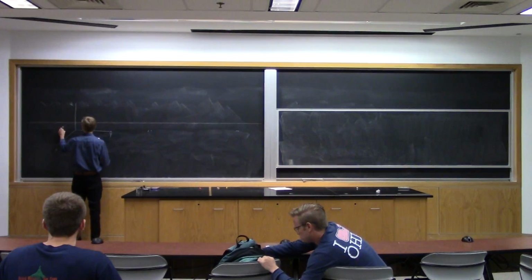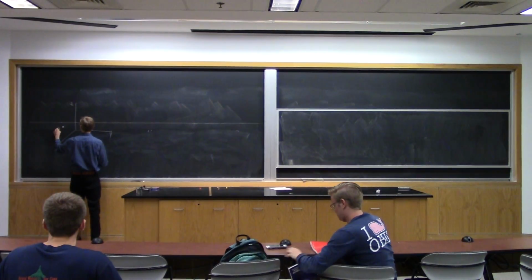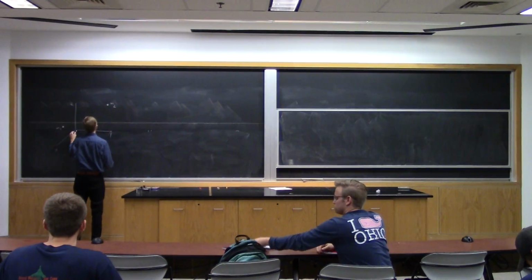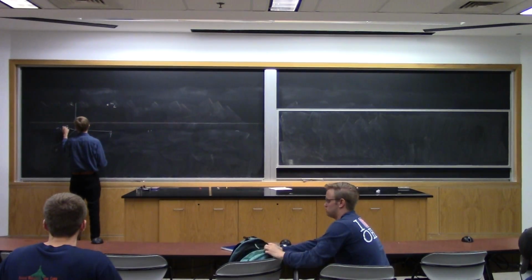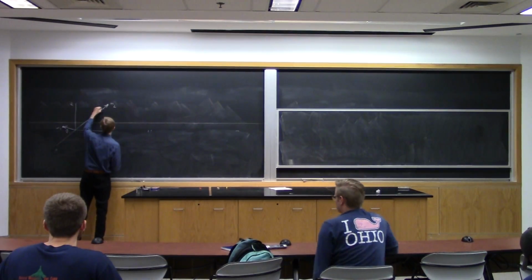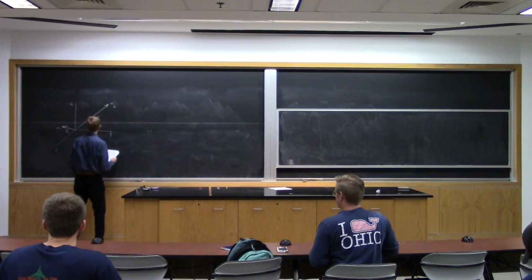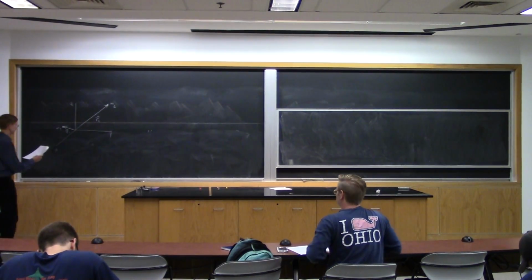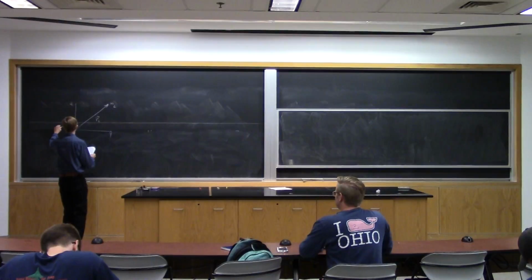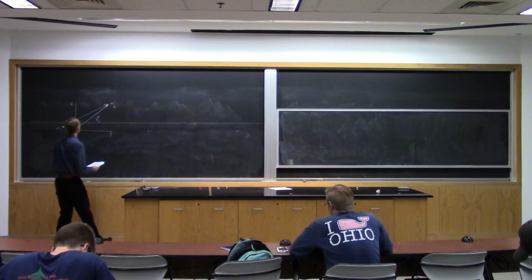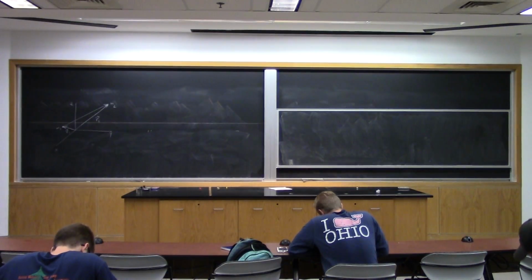So if we have mass 1, mass 2, and we draw the position vector of mass 1, and the position vector of mass 2, so R1 and R2, then we can also draw in the relative position vector.